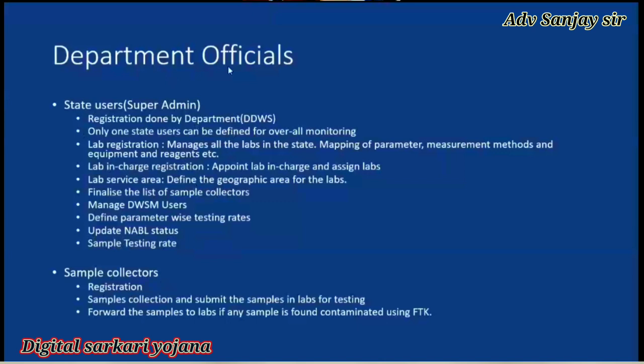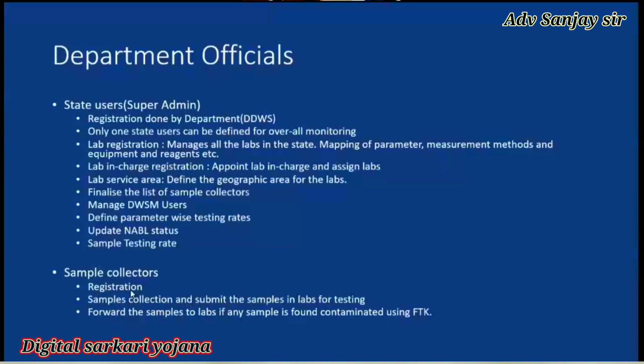Then comes the sample collector. So these super admins and sample collectors come under department officials. Sample collectors register themselves, collect the sample and submit the sample in labs for testing. Then forward the samples to labs. There are two responsibilities that have been given to the sample collector.